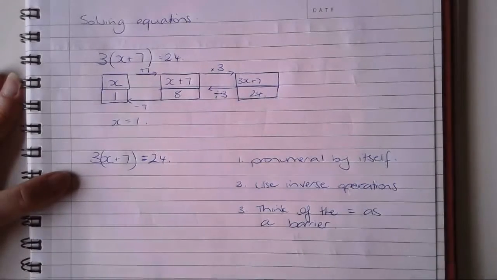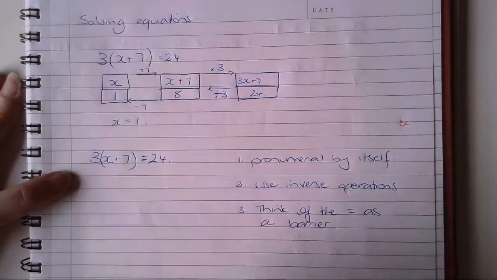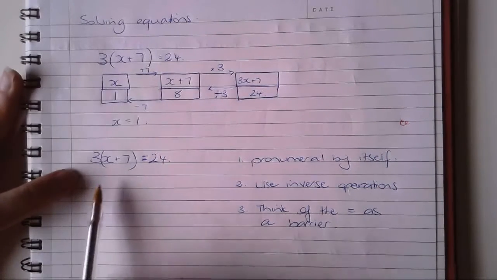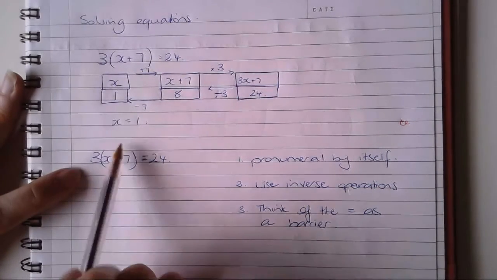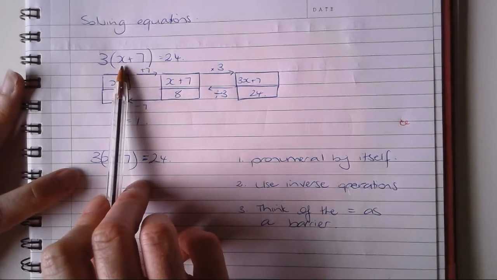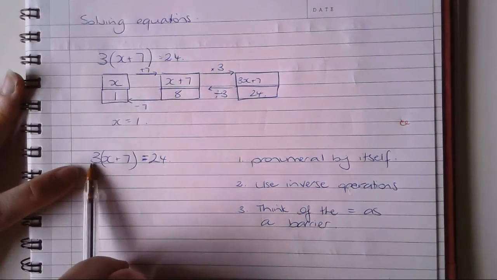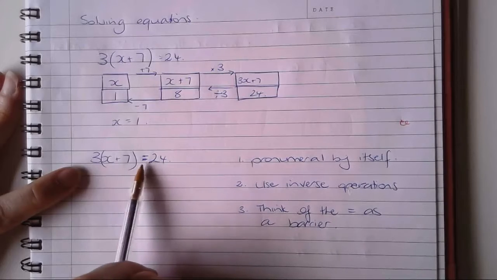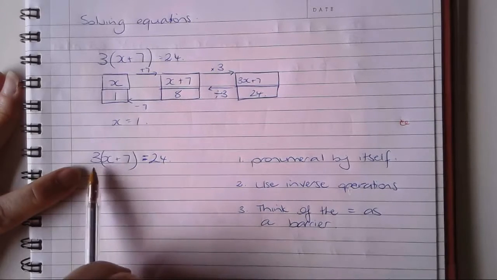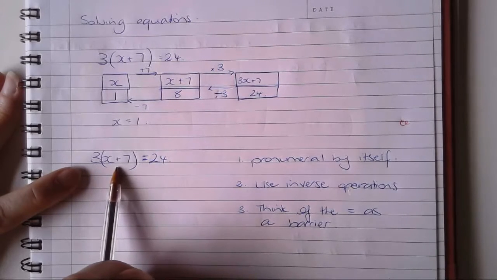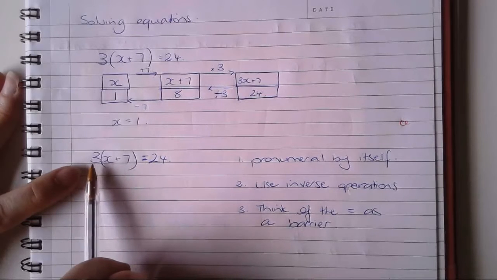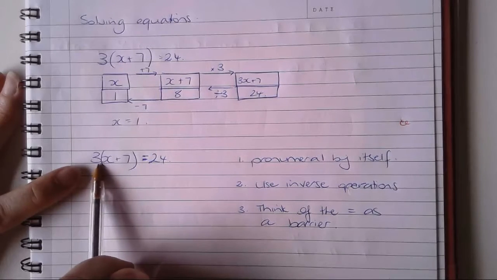I'm going to do some of this in a different color pen just so it's a little clearer for you. So the equation I have here is the same as up here, just so you can compare the working. So I have x plus 7 all times 3 out the front, equaling 24. Here I've got a times 3 and a plus 7, and the easiest way to solve this equation is to take the times 3 and deal with that first.